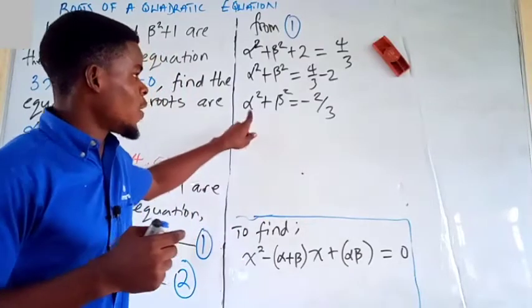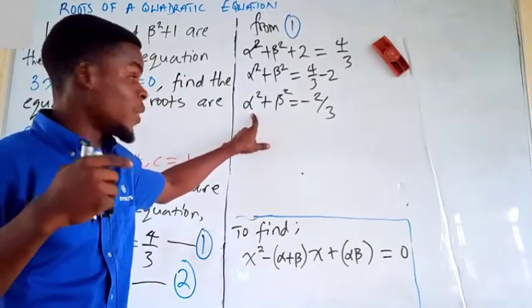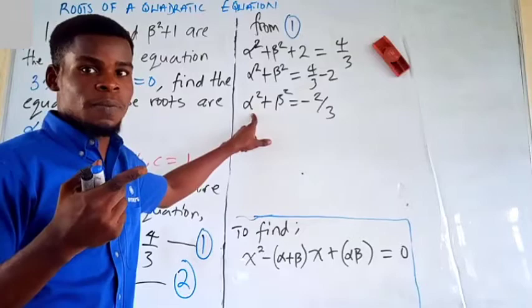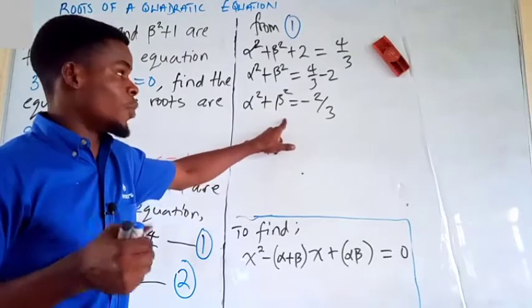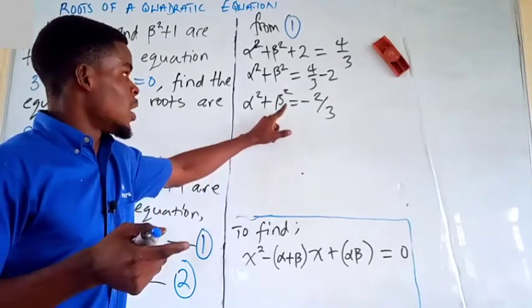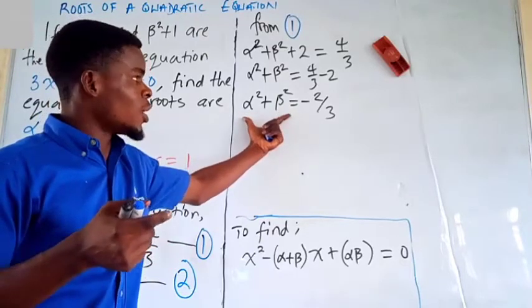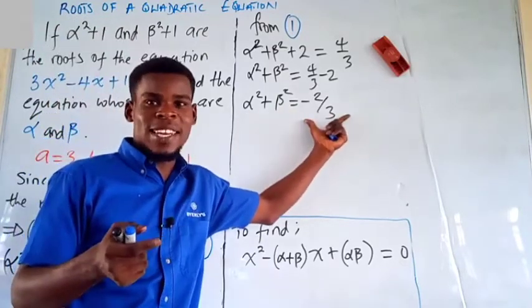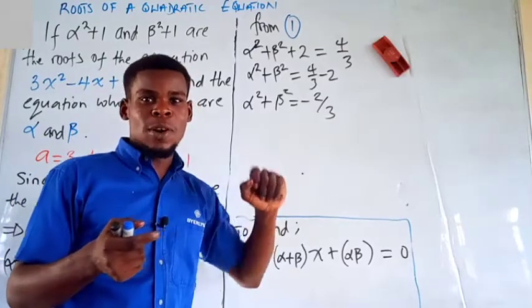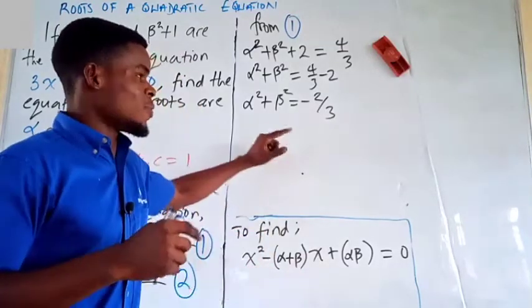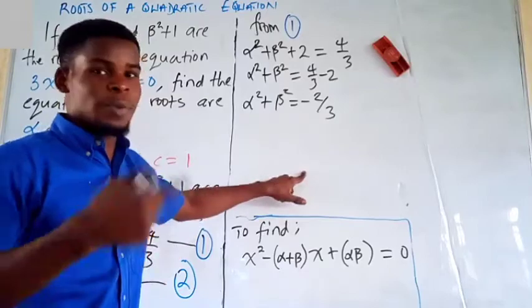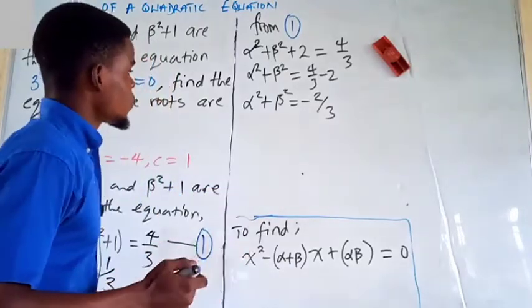Whatever number you have, if you square that number, the result will be greater than or equal to 0. If that number is 0, that's the case. And the same thing for beta. So if you're adding two non-negative numbers, how then do we have a negative result? This is a little bit awkward, but we will just play around with it and observe what it will give us anyway.